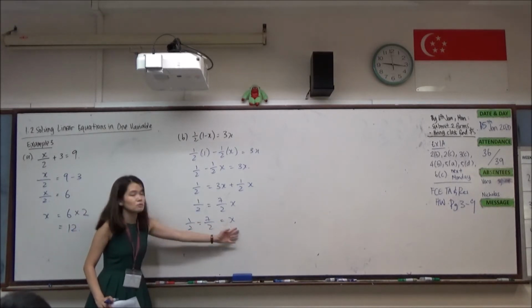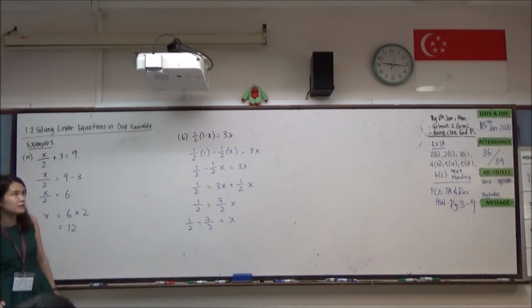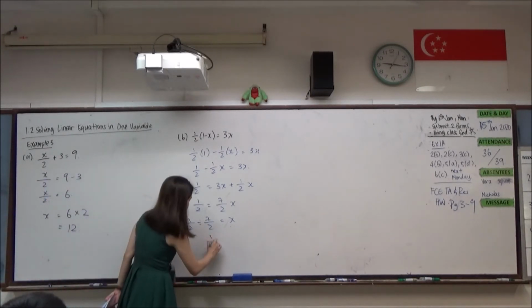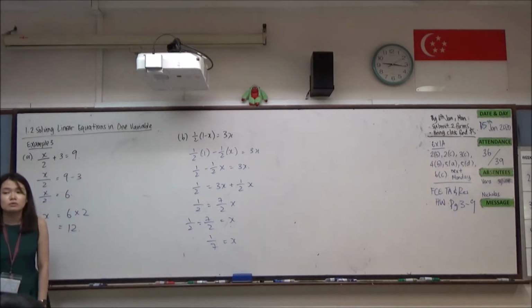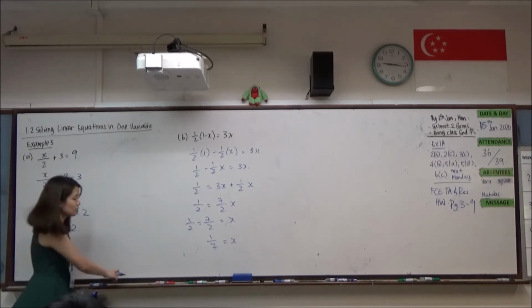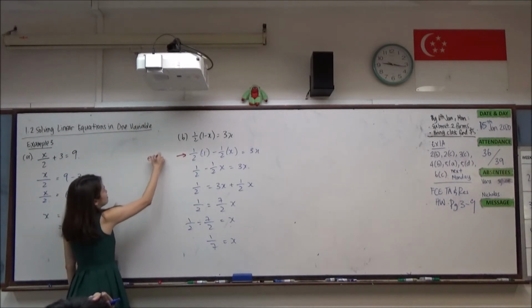If the left side equals to right, the right side also equals to left. So half divided by 7 over 2 will be 1 over 7. So x will be equals to 1 over 7. So this is one way of doing it, whereby at the beginning, we started off with expanding.